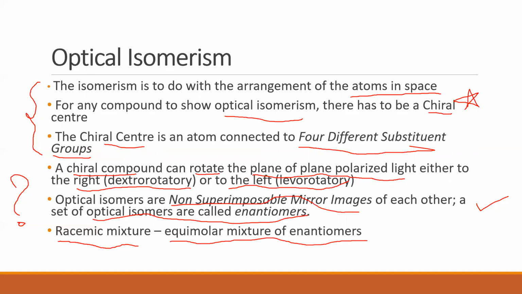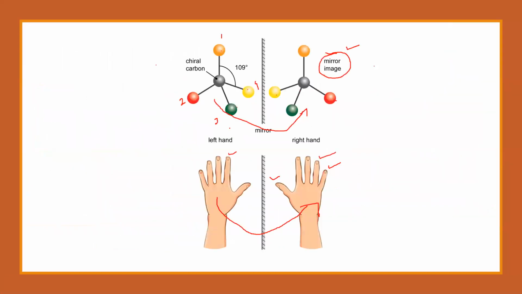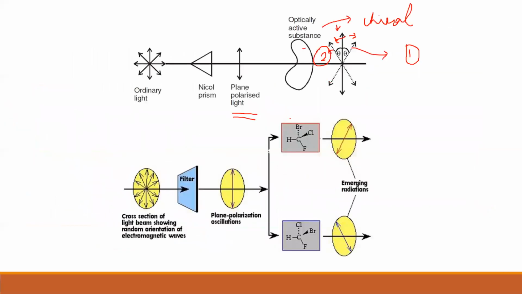A chiral compound is somebody which has a chiral center, which has 4 different substituent groups. Got that? So basically, we're talking about enantiomers. If one enantiomer is rotating the plane to the right, the other enantiomer, which is the mirror image, will rotate the plane to the left. Clear? Got that?